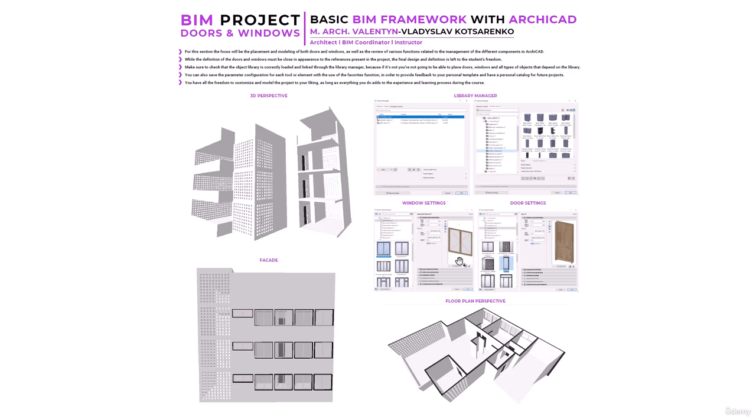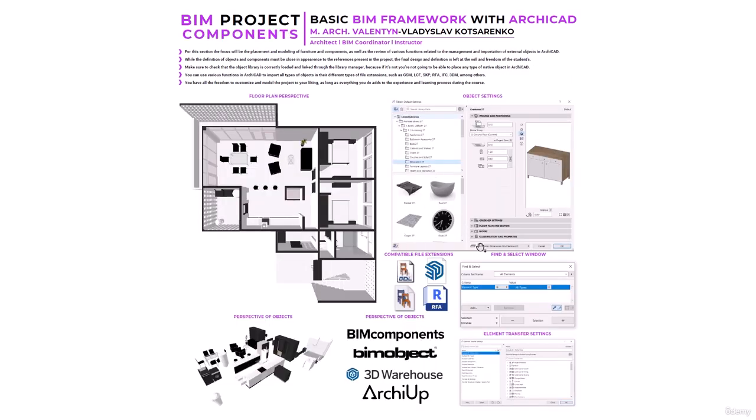And once we cover doors and windows, now we jump into the objects and the furniture. This is where I explain how you can start downloading even more content from external pages such as BIM Components and BIM Objects, how you can insert different types of formats such as files from SketchUp, families from Revit, and other types of formats.